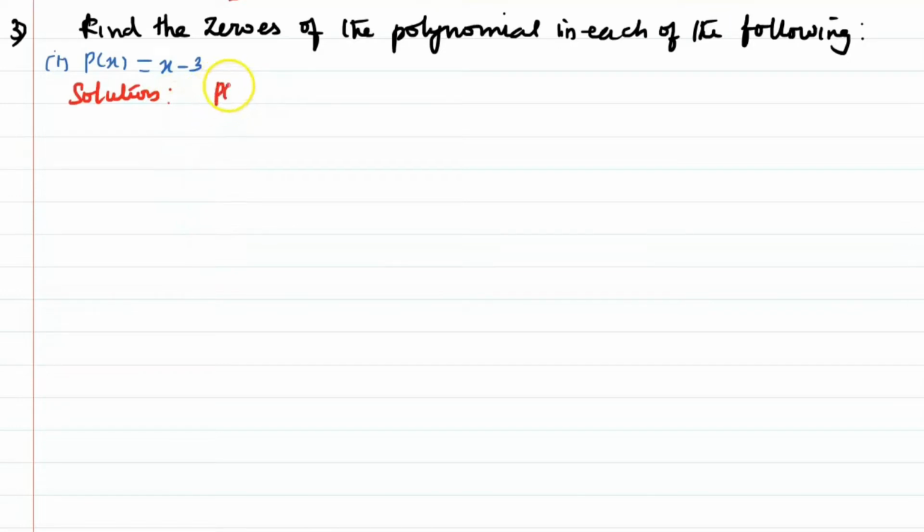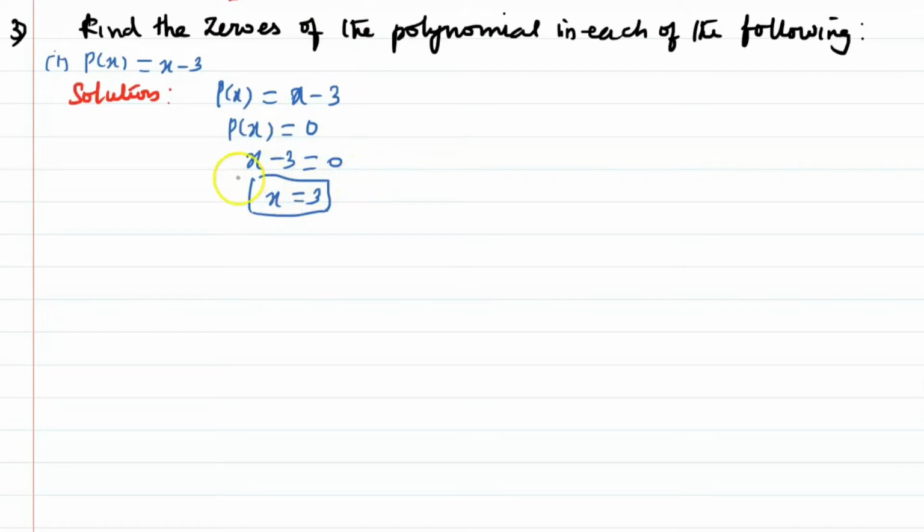Zeros of the polynomial, what did we do, p of x is equal to 0 of the polynomial, so x minus 3, so p of x is equal to 0, so x minus 3 is equal to 0, so x is equal to 3 when we transpose. So we equate the given equation to 0, and on transposing we get the value.